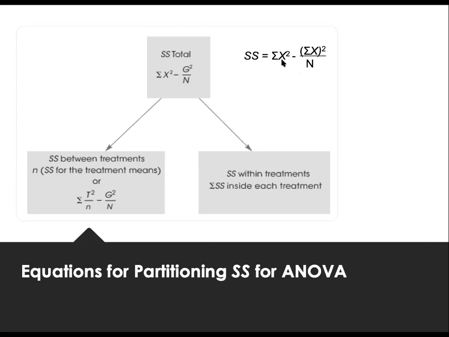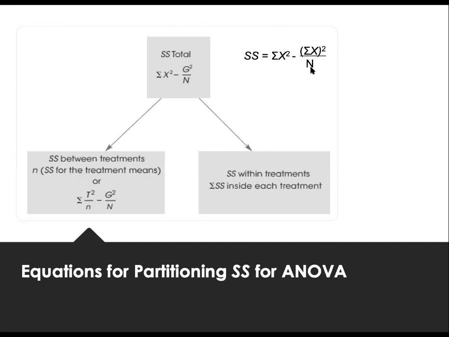So that means you're going to take each score and square it, and then add up those squared values. So sum of x squared minus sum of x squared, and in this case, because there are parentheses, you'll add up the scores first and then square that number that you get through addition.